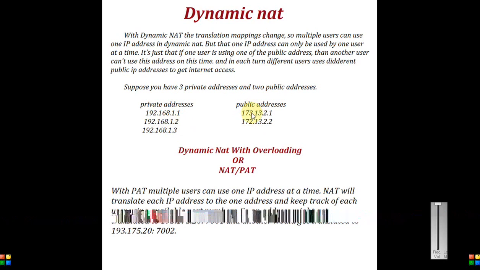But in dynamic NAT with overloading, or NAT PAT, it's possible that one of the public IP addresses can be used by multiple private IP addresses.